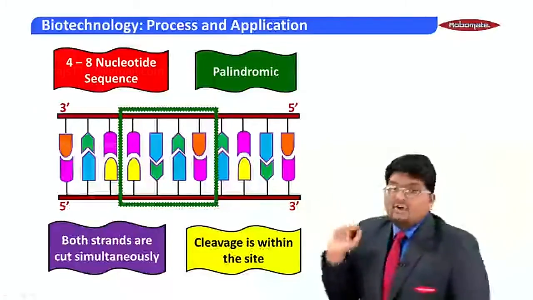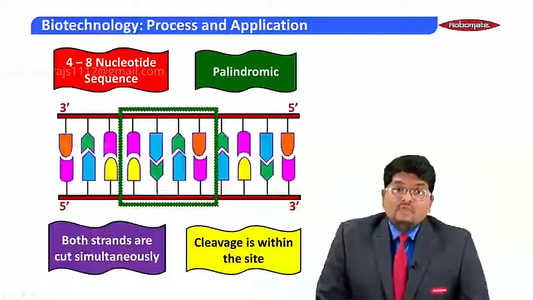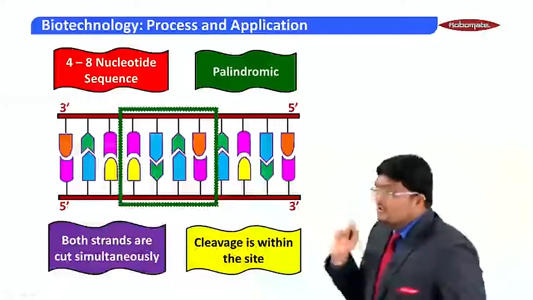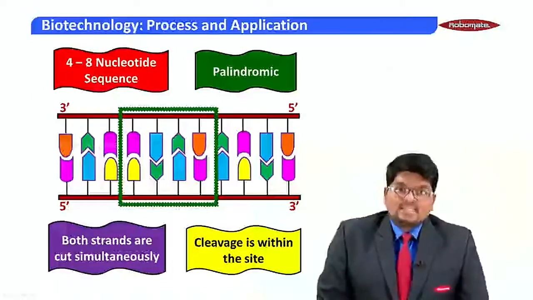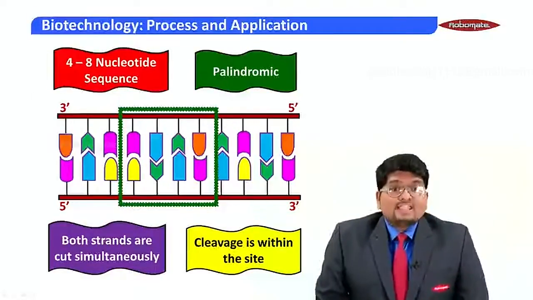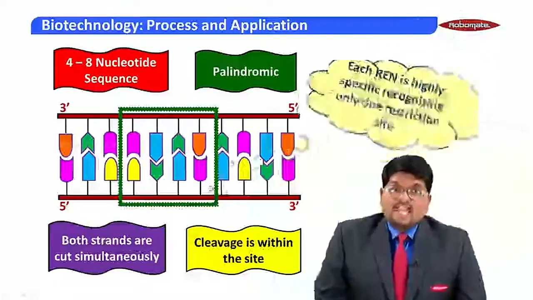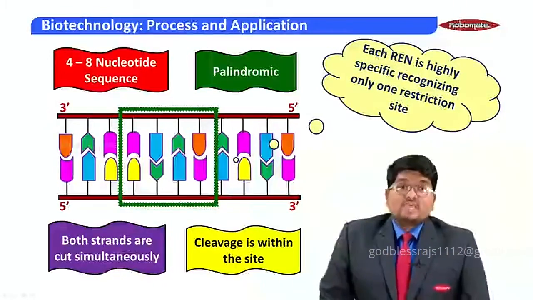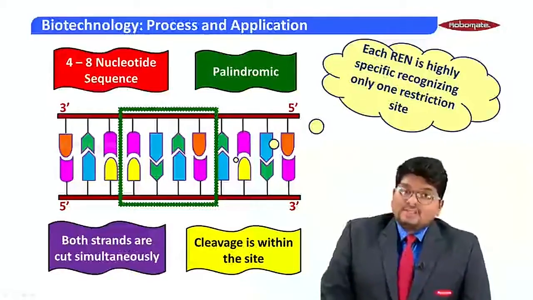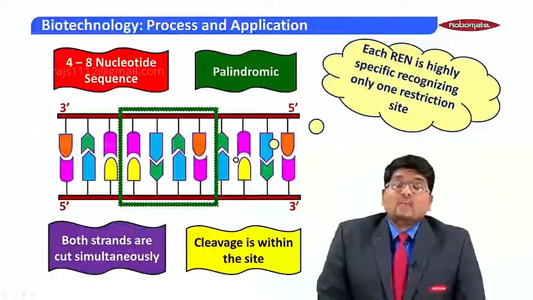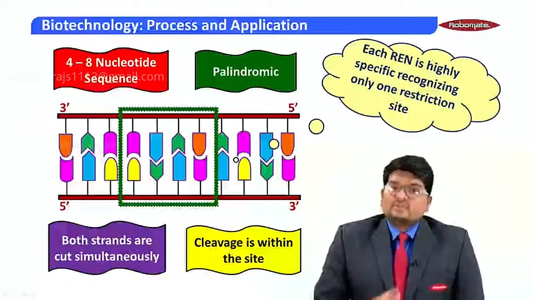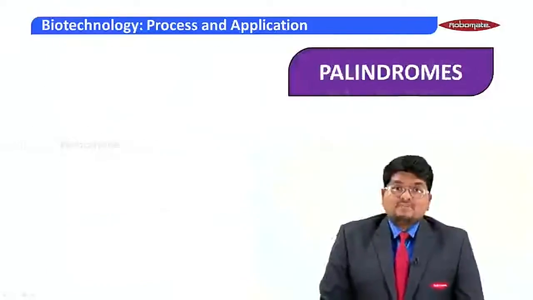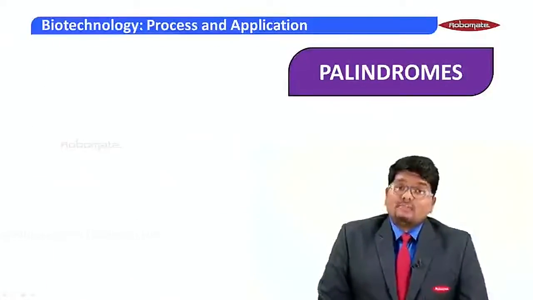The cleavage of the DNA takes place within this 4 to 8 nucleotide sequence, and it is done by restriction endonucleases. Restriction endonucleases are highly specific. So each REN is highly specific, recognizing only one restriction site. So remember that, students. Now let us move ahead and take a look at what palindromes are.